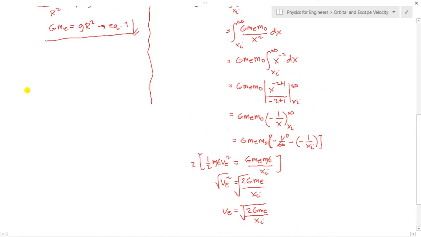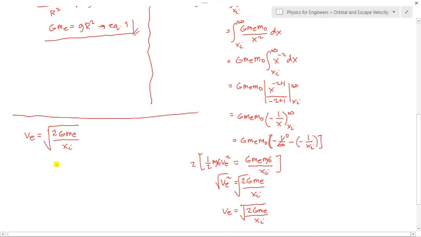So therefore we have the general formula for escape velocity, V_E is equal to the square root of 2G M_E all over x sub I, wherein x sub I is the initial position.